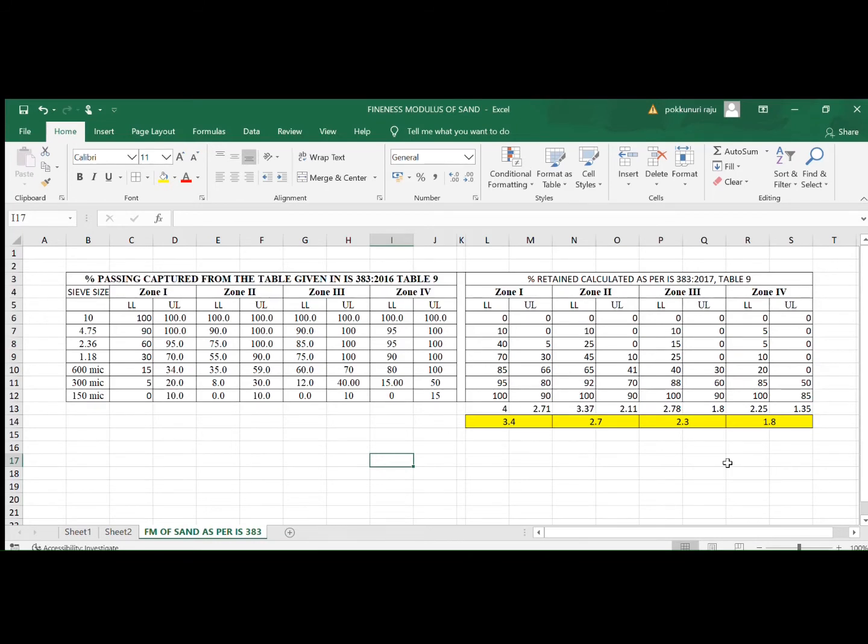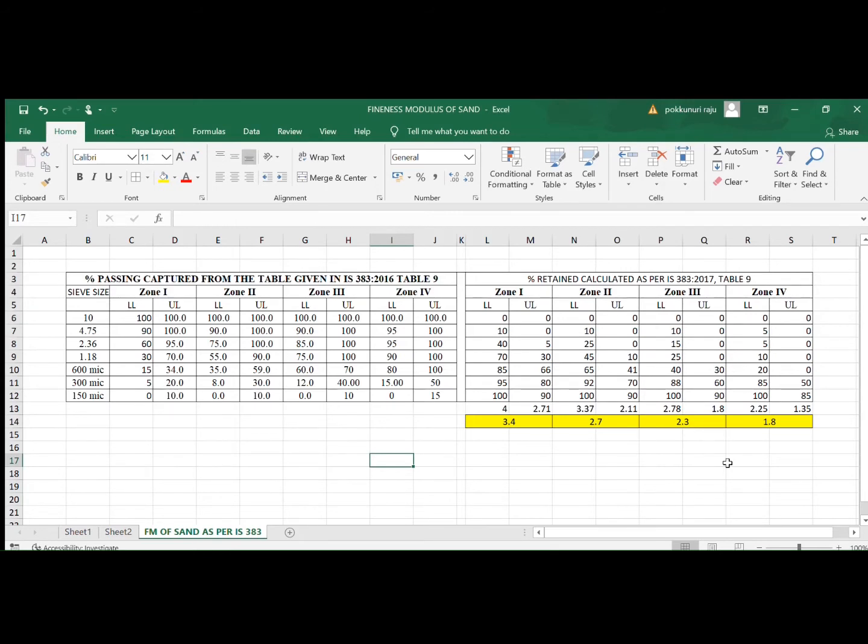For example, in zone 1, the percentage passing is 100% on the 10 mm sieve, but the percentage retained is 0. Similarly, for the 4.75 mm sieve, the percentage passing is 90 to 100, whereas the percentage retained is 10 to 0.